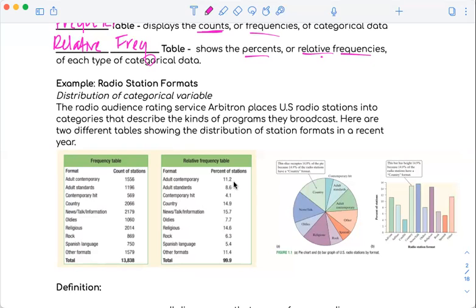So this is the percentage of the frequency in which each of these radio station categories occurs. You can imagine that to find this percent, if we're looking at adult contemporary, we take this number over this number, the total, and that's how we get 11.2%. And then we repeat that process for all the rest of them.